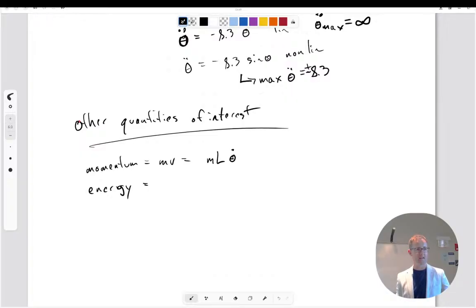What is that? M times G times H, is that right? MGH? Okay. And then what was the other part? 1/2 mv squared.